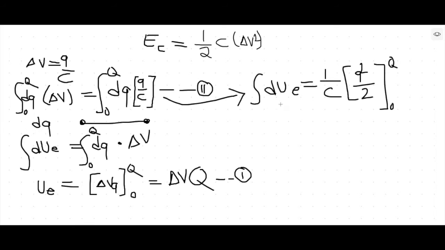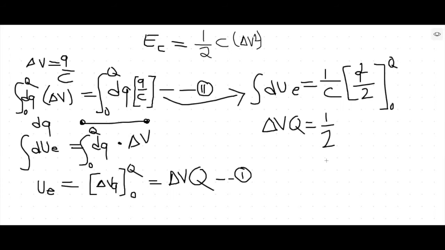Now I can rewrite this expression from equation 1. I can write this as delta V times Q equals 1 over 2.